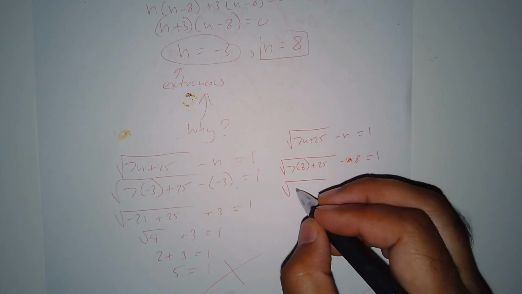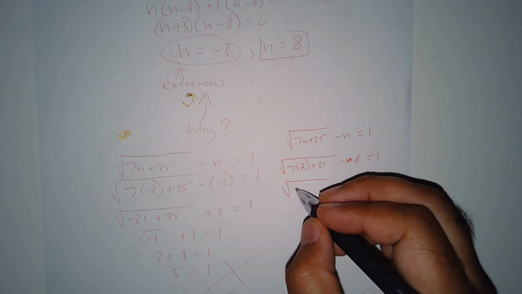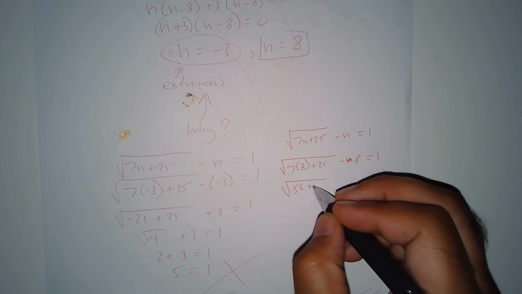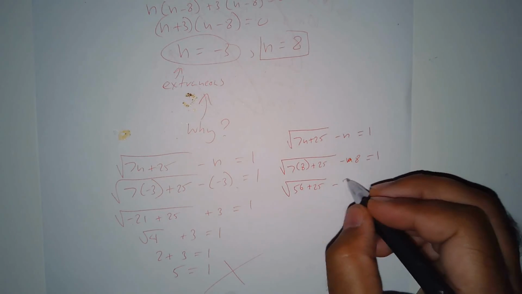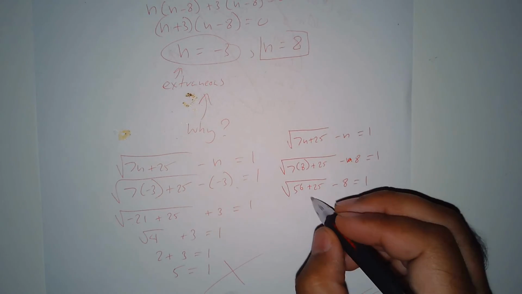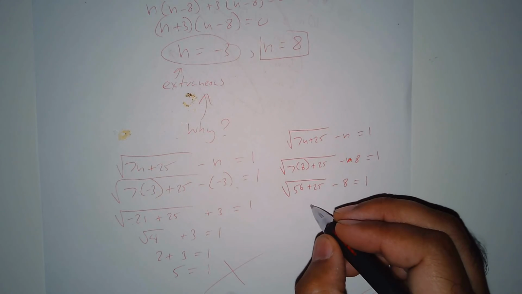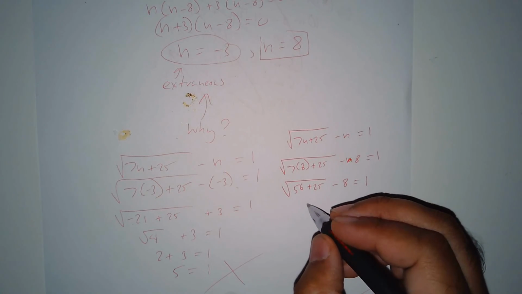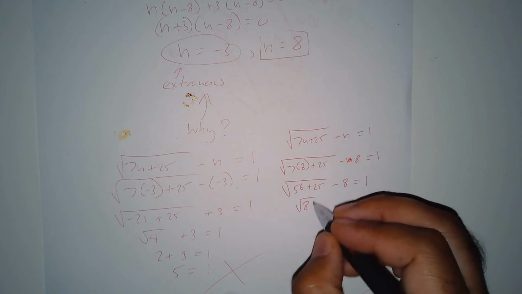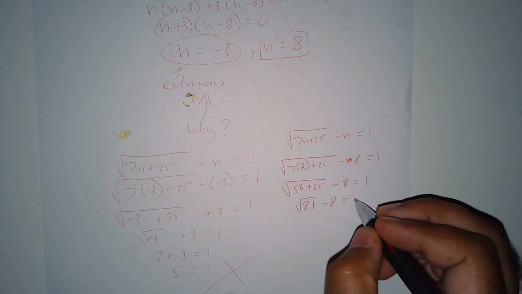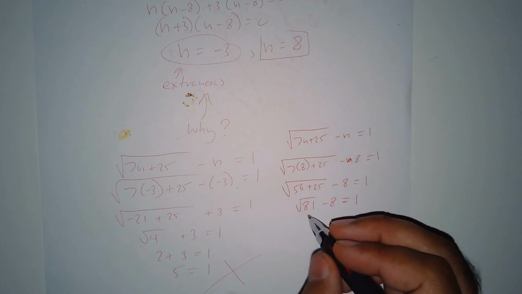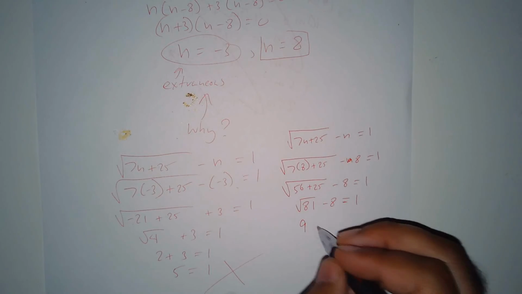So this is going to be 56 plus 25. And 56 plus 25 is going to be equal to 81. And square root of 81 is going to be 9.